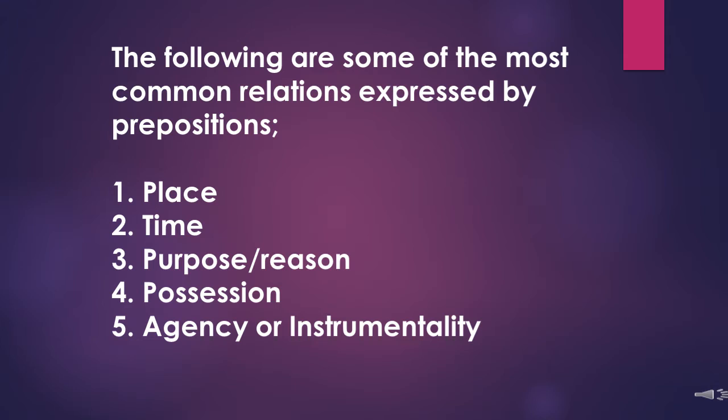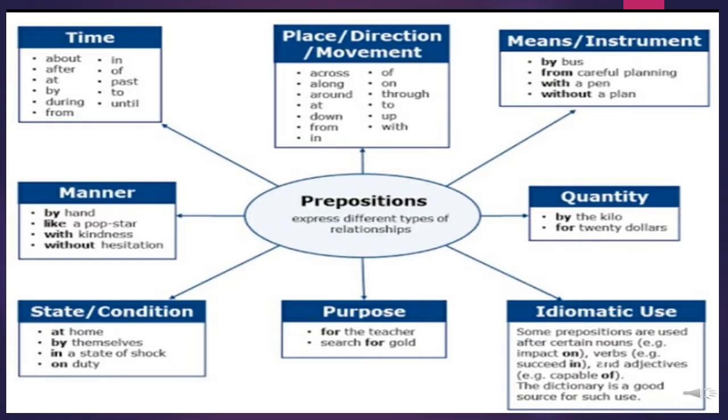The first one, place. Number 2, time. Number 3, purpose or reason. Number 4, possession. Number 5, agency or instrumentality. Here are the common relations expressed by prepositions.